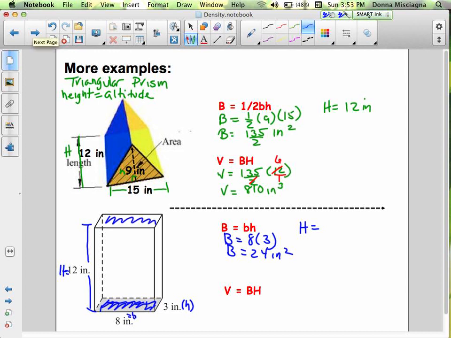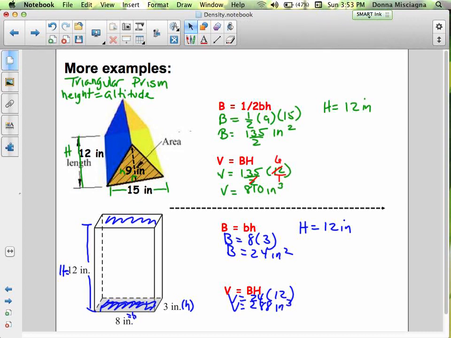There would be the other base. And so that's 12 inches. So the volume is going to be the area of the base, which is 24, times the height of the prism. And so that's going to be 288 inches cubed. And there we go.